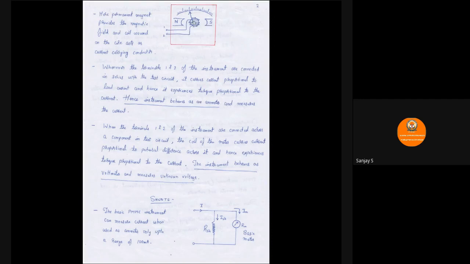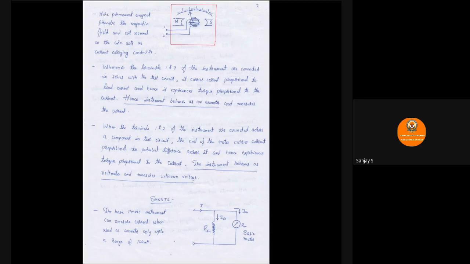So it experiences a torque, and the pointer is going to deflect to indicate the reading. Here we can understand that the torque experienced depends upon the current flowing through this coil, and since it is connected in series with the test circuit, it is nothing but the load current. So this instrument hence behaves as an ammeter and measures the current flowing in the circuit.